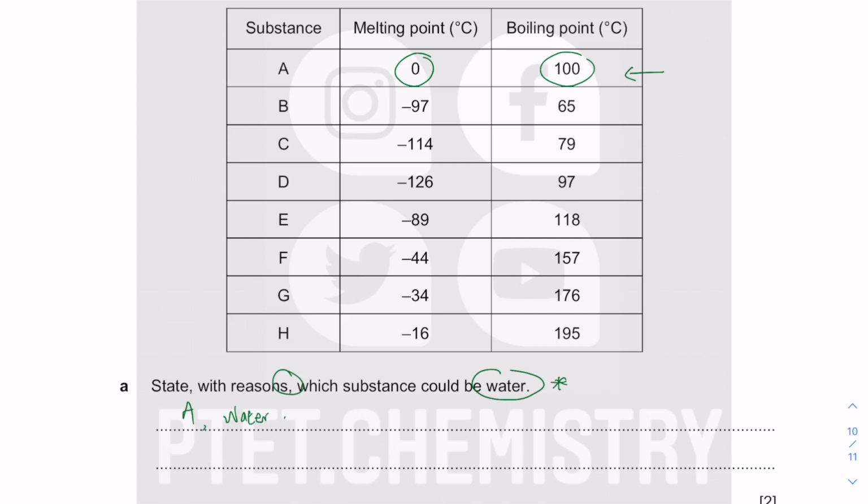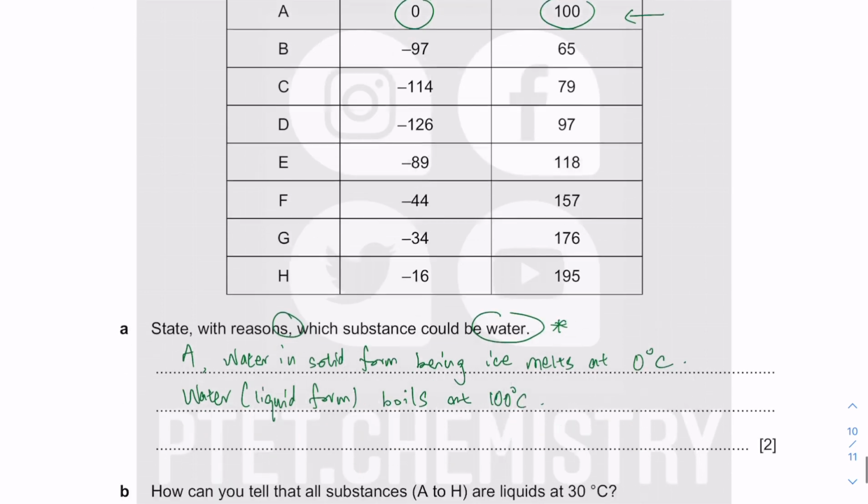Water in solid form, being ice, melts at 0 degrees Celsius. And water in liquid form boils at 100 degrees Celsius. It boils at the boiling point, it melts at the melting point.